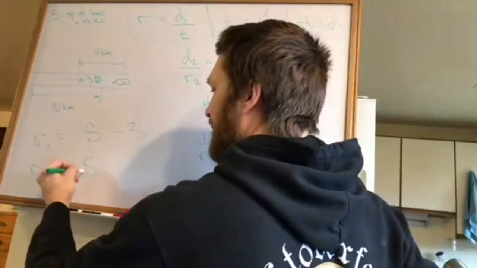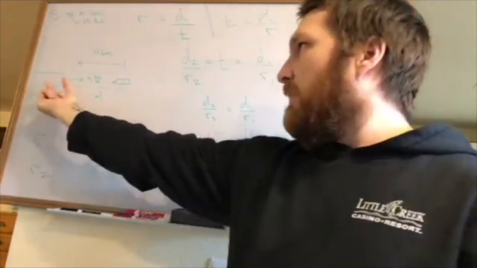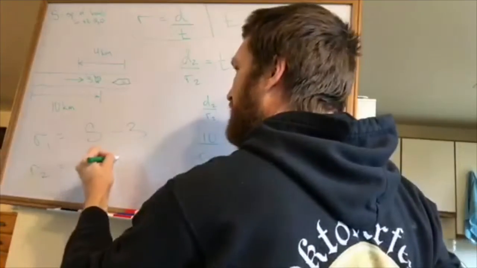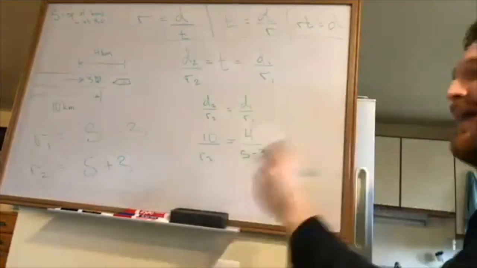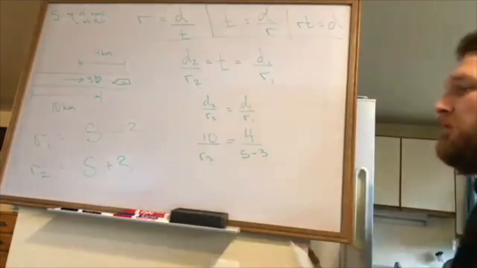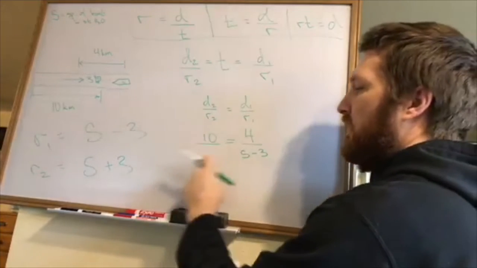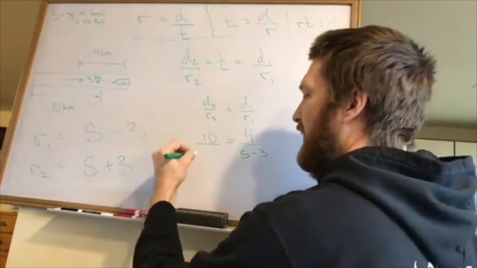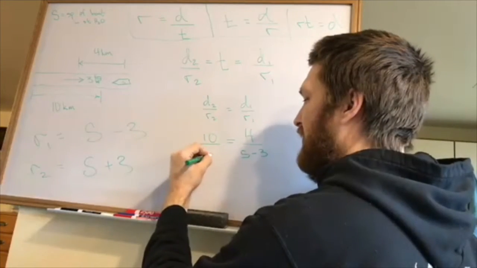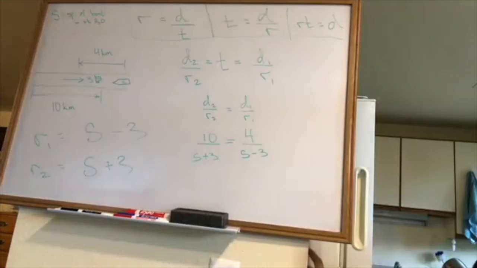Exactly, because if the water were still, it would be going at whatever S is, but we have a boost of 3, so it would be S plus 3 kilometers per hour for the trip with the current. I'm just going to replace that right here and say S plus 3.